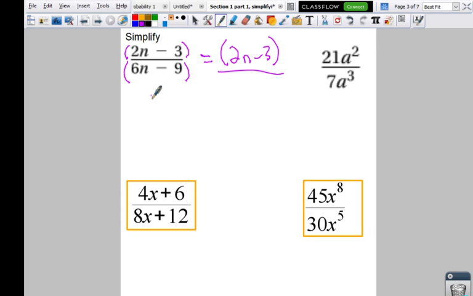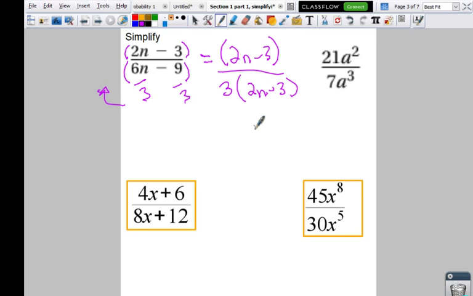But how about this one down here, Luis? What can I take out of a 6n and a 9? Yeah, take a 3 out, right? And we're going to factor that out. So I got this 3 out here. 6n over 3 is 2n. Minus 9 over 3 is 3.